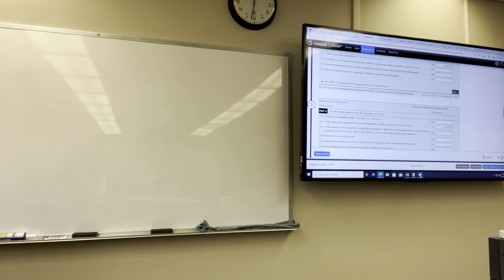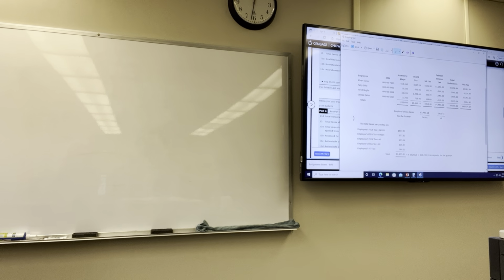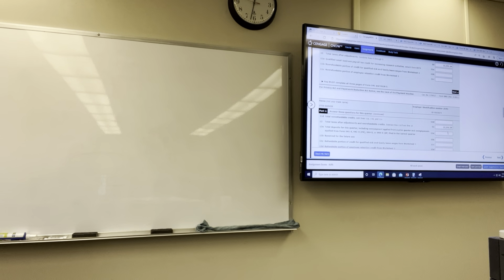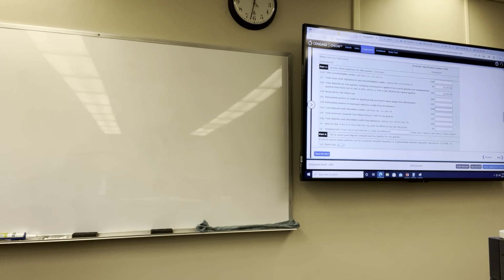Okay, so let's look at the deposits. Total taxes, let's see. Oh, so it's right there. 13,231.26 in deposits for the quarter. All right, our deposits equaled the amount of our liability.